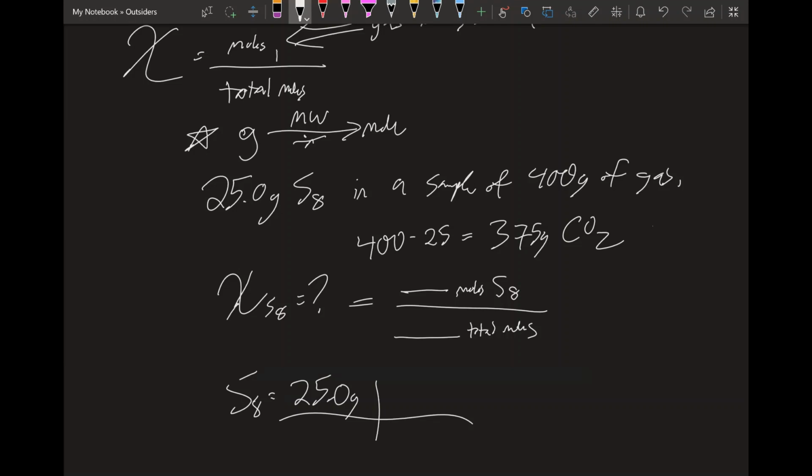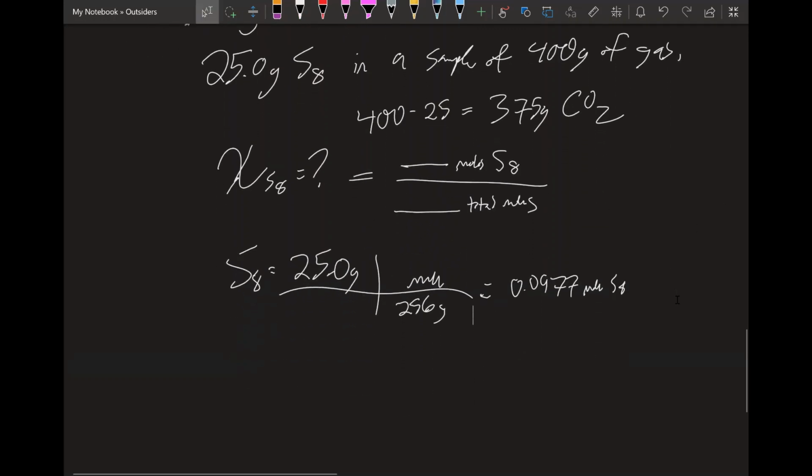That makes the molar mass of this equal to 256 grams per mole. All right. So 25 divided by 256 gives me 0.0977 moles of sulfur.